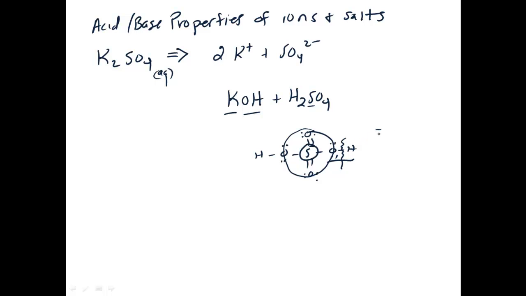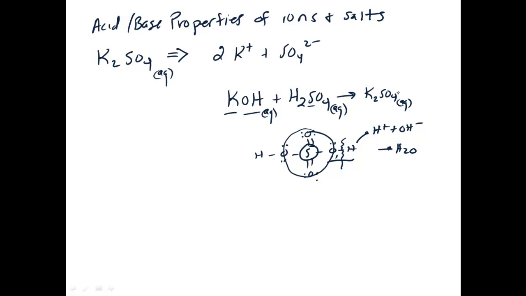So when the hydrogen ion comes in contact with the hydroxide ion from the potassium hydroxide, that's going to form water. So the products in this reaction: the potassium reacts with the sulfate, and we get potassium sulfate, although they never actually combine together because this is all aqueous solution, and potassium sulfate is water soluble.